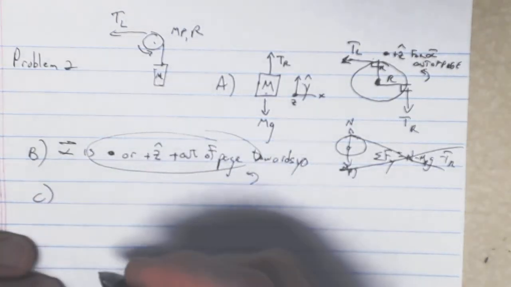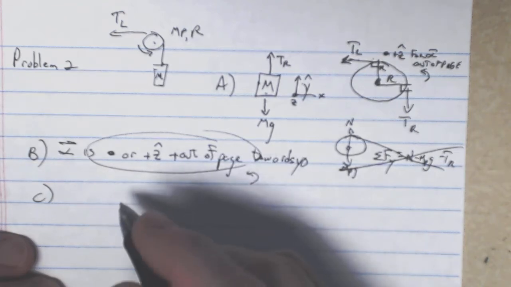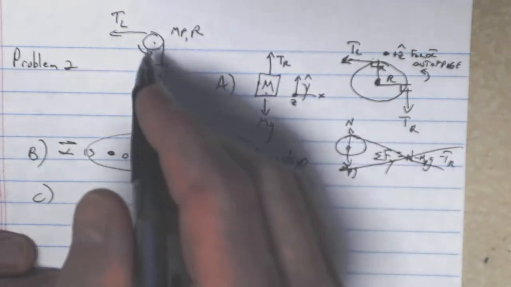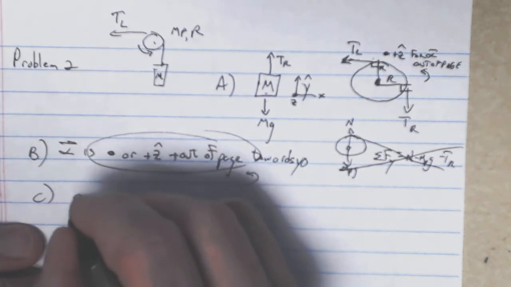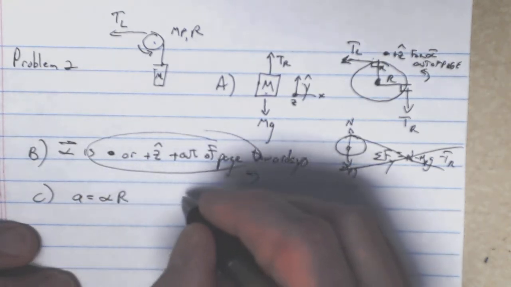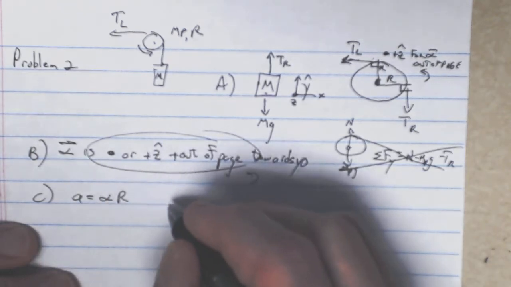Okay, so part C, again, asks you something that's relatively straightforward. What's the relationship between the magnitude of the angular acceleration of the pulley and the linear acceleration of the block? And you could just write this down if you wanted, and you should receive full credit. A equals alpha r. And these are magnitudes for A and alpha. And that's from the formula sheet.